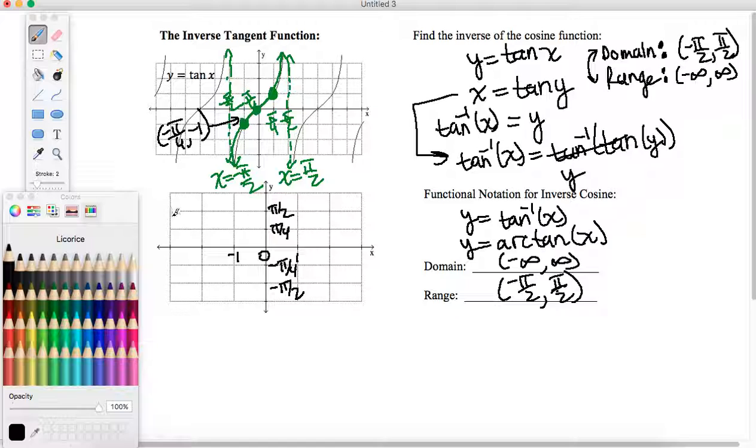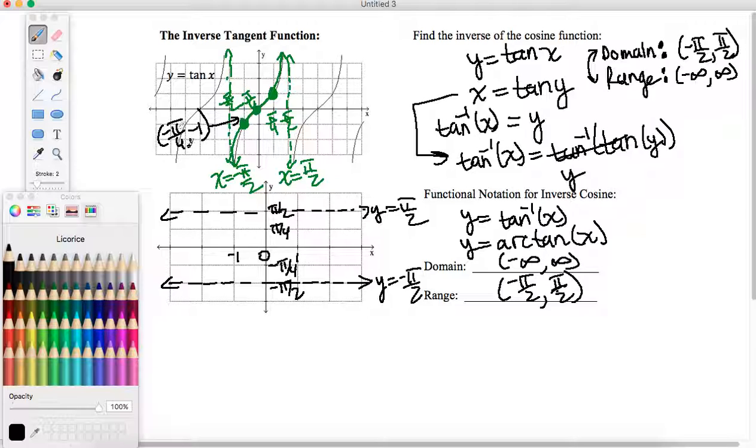My vertical asymptotes, when I interchange x and y, are now horizontal. So I get y equals pi over 2, and y equals negative pi over 2.